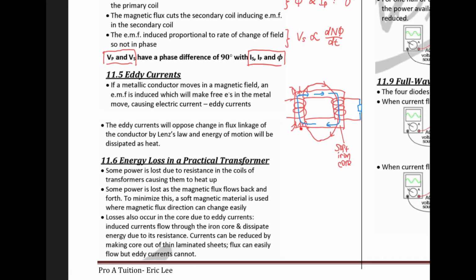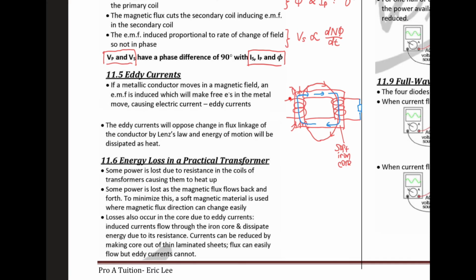After a while, the magnetic field forms in the opposite way. These formations of magnetic field in different directions cause power loss. To minimize this, a soft magnetic material is used where magnetic flux direction can change easily. Meaning you can put a soft iron core inside, and it will make the change happen more easily.